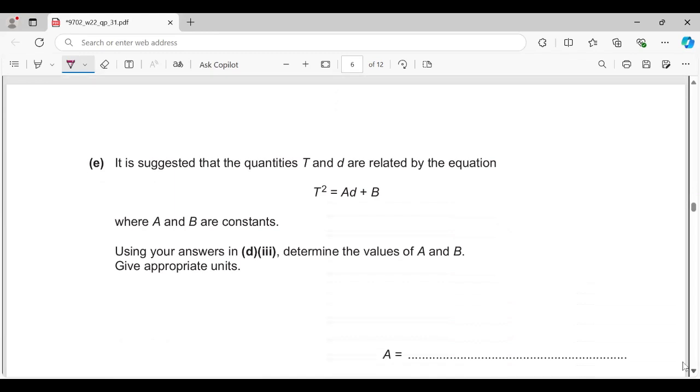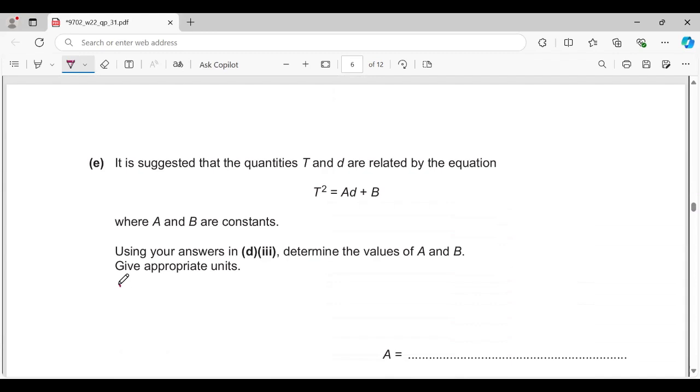It is suggested that the quantities t and d are related by the equation t squared equals ad plus b, where a and b are constants. Using your answer in part D3, determine the values of a and b, give appropriate units.